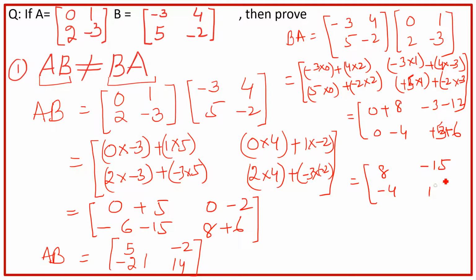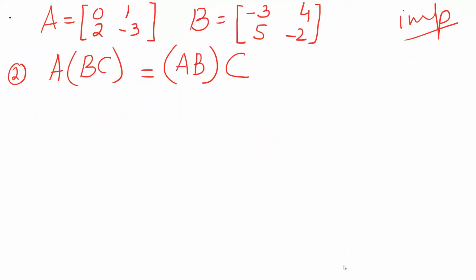This is positive, it is 11, right? So this is BA. See, this is AB, this is BA. It proved that AB is not equal to BA. So we have proved it.